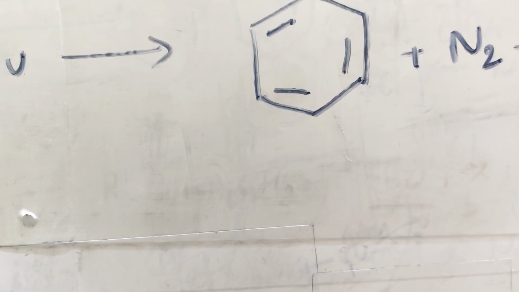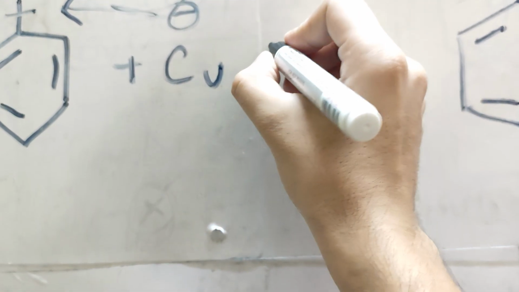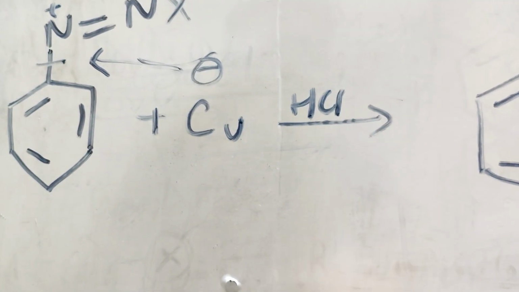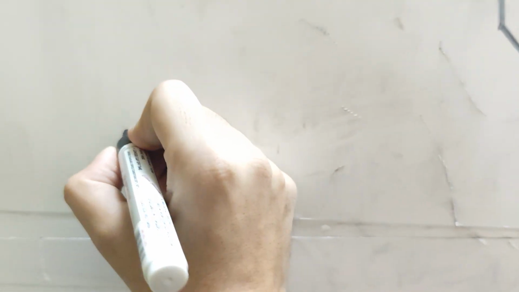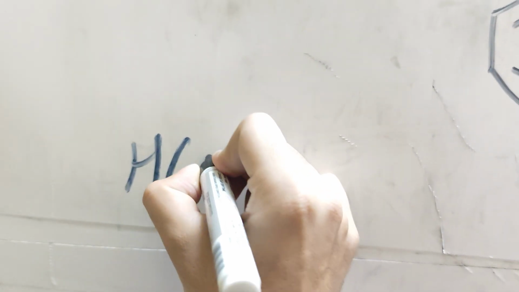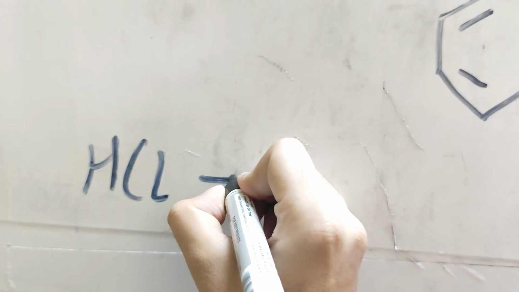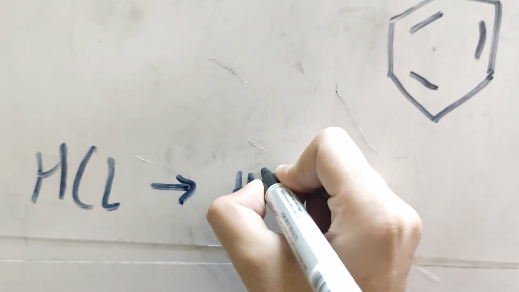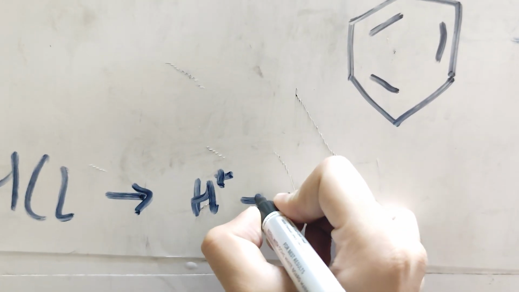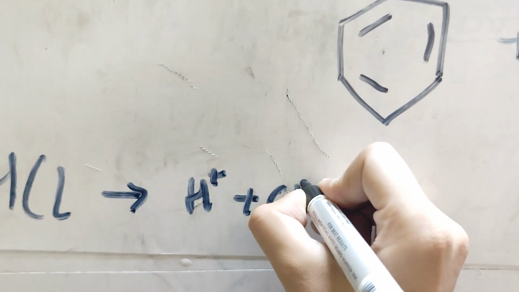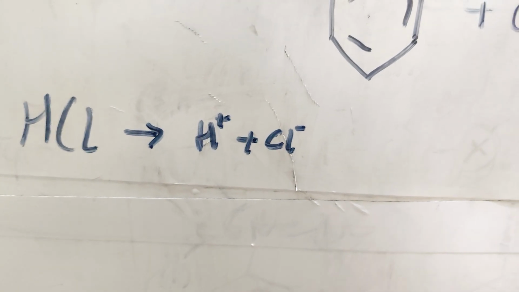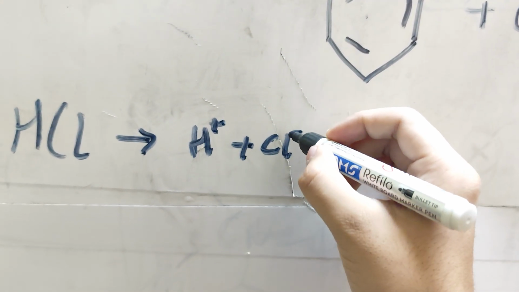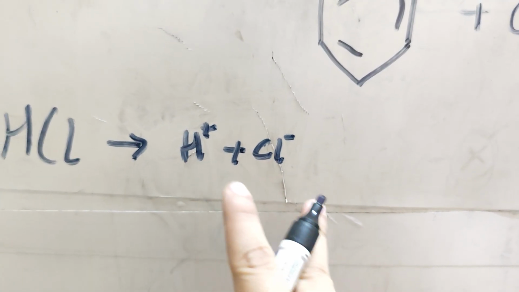The second step is of the HCl that is present here. Let's draw it on the side. So HCl breaks the bond between hydrogen and chlorine. So this is the chlorine, that is, it breaks the bond.